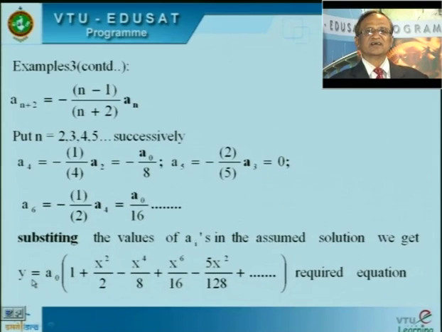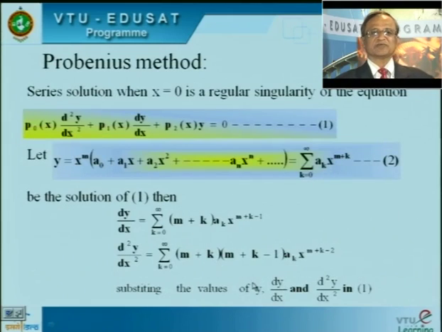I hope you will get a0 into 1 plus x square by 2 minus x to the power 4 by 8 plus x to the power 6 divided by 16 minus 5x square divided by 128 and so on. So this becomes the required equation of the solution.